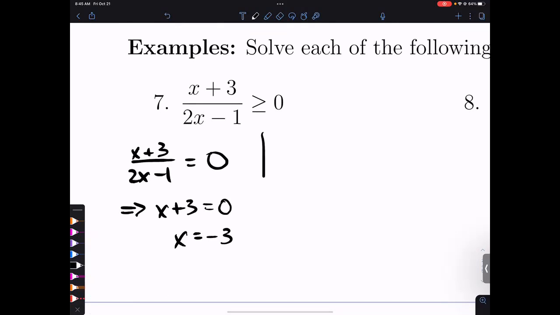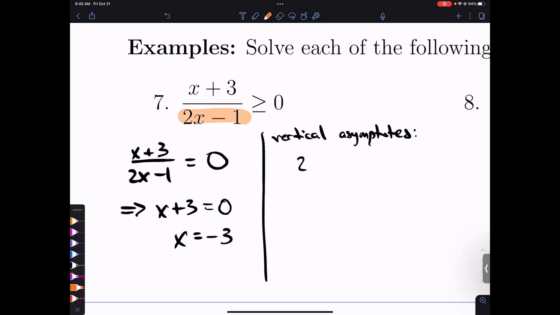But I also need to figure out if there are any vertical asymptotes and where they happen. So does this have a vertical asymptote? Where? Set the denominator equal to 0, right?